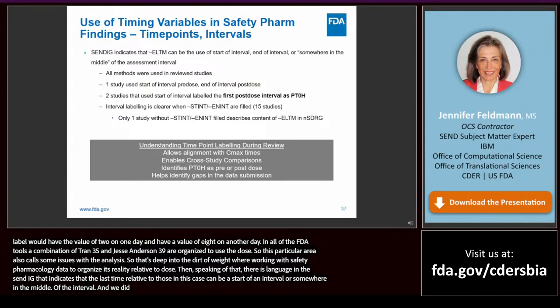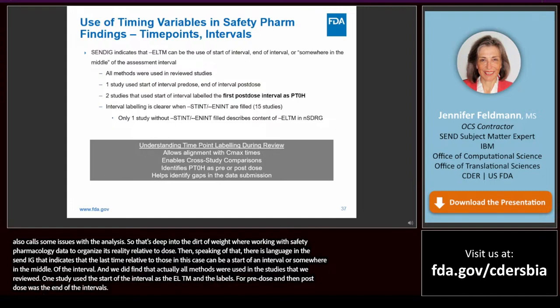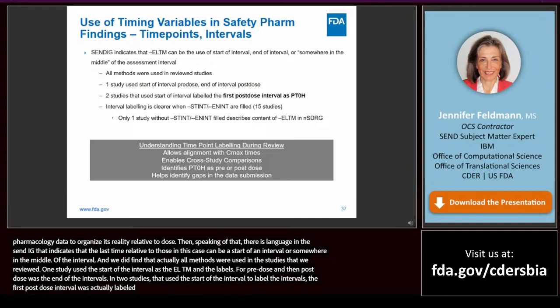One study used the start of the interval as the ELTM and the labels for pre-dose, and then post-dose used the end of the intervals. And in 2 studies that used the start of the interval to label the intervals, the first post-dose interval was actually labeled as PT0H, which one would generally consider to be a pre-dose interval.